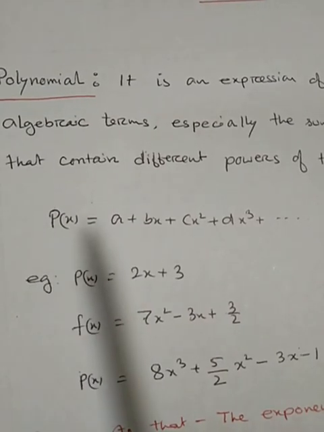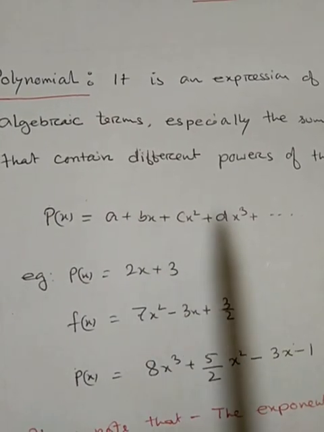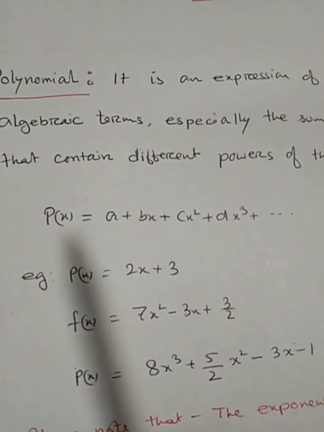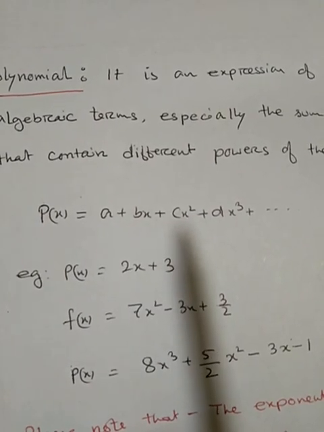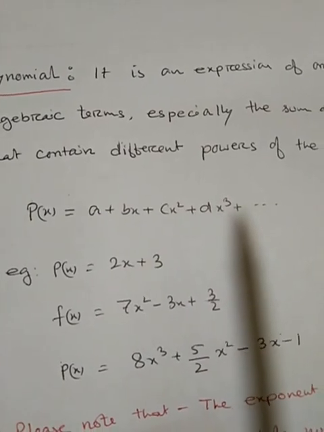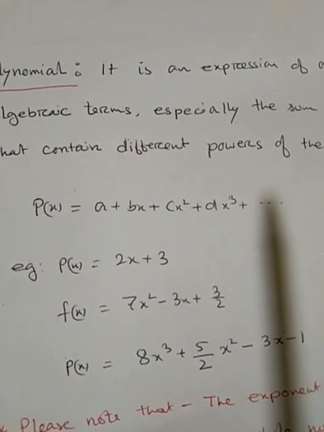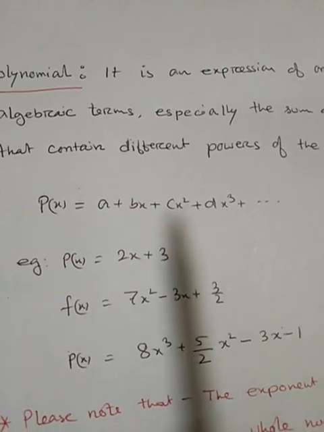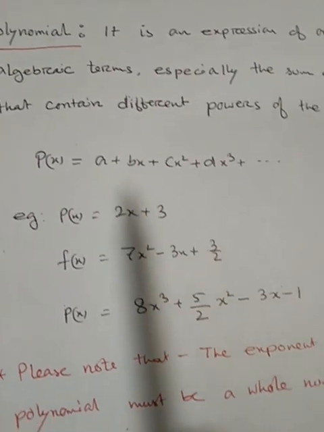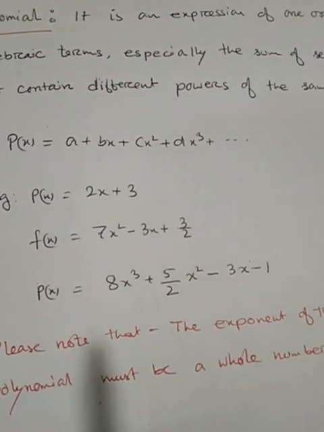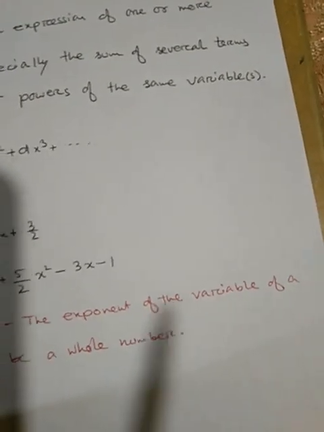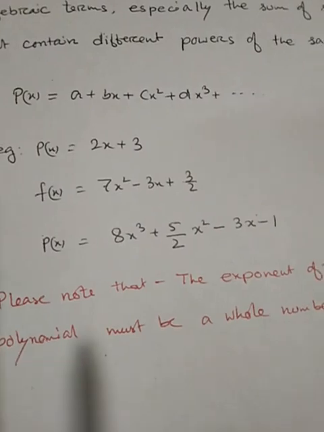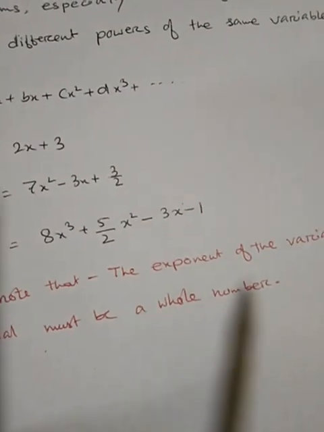So this is one general polynomial. You can see p(x) equals a plus bx plus cx square plus dx cube and so on. Now the important thing that we need to note is that the exponent of the variable of a polynomial must be a whole number.